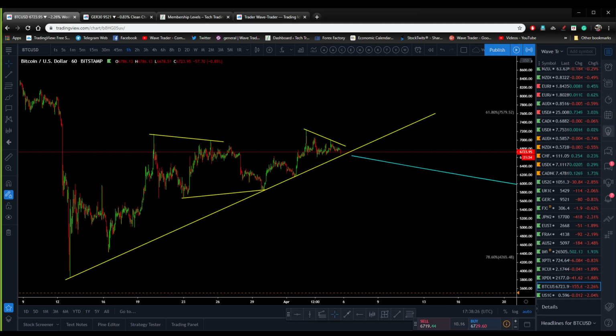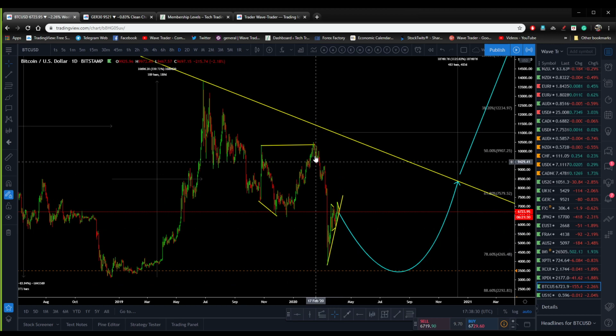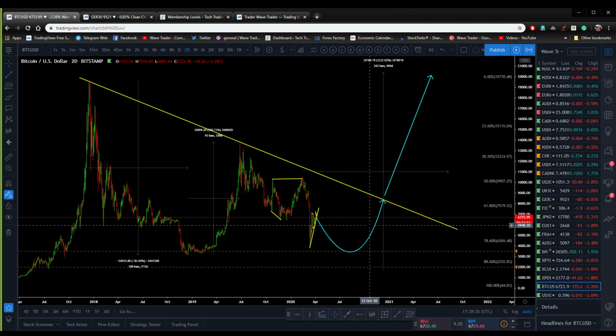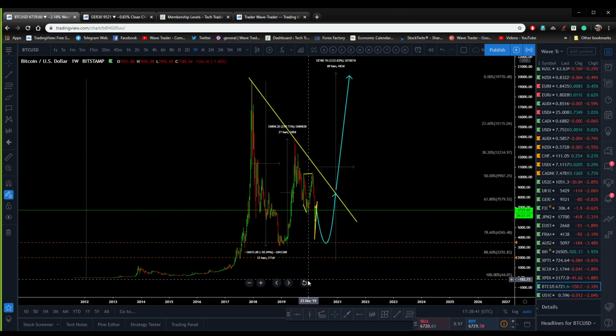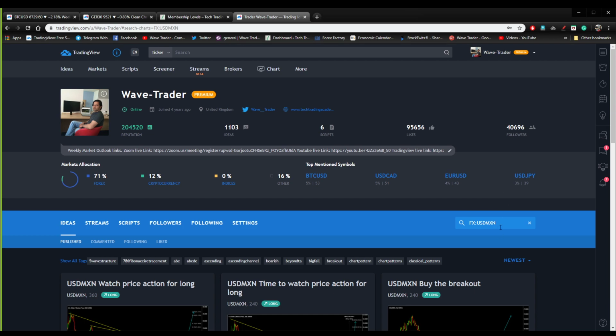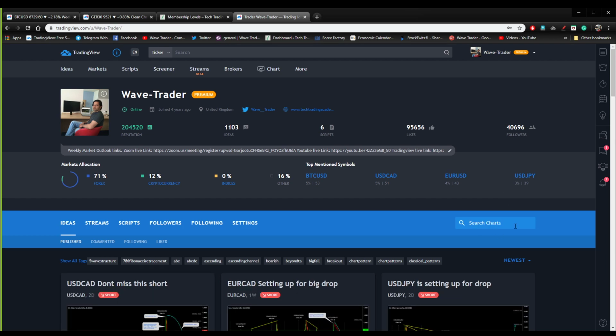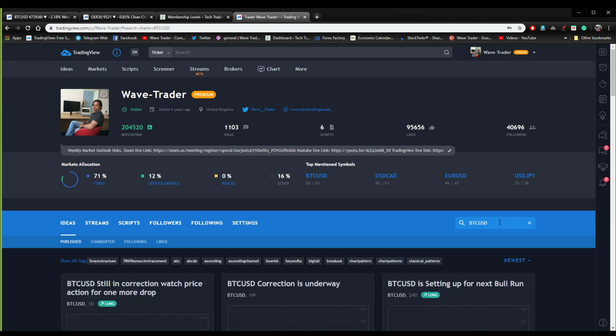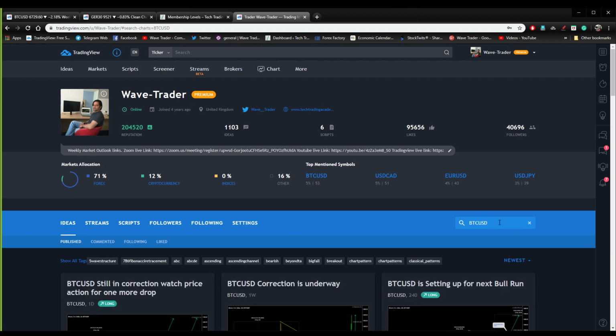So Bitcoin, let's go to the bigger time frame chart first, and let's remind ourselves what it has done. All right, so Bitcoin is not the best opportunity these days.